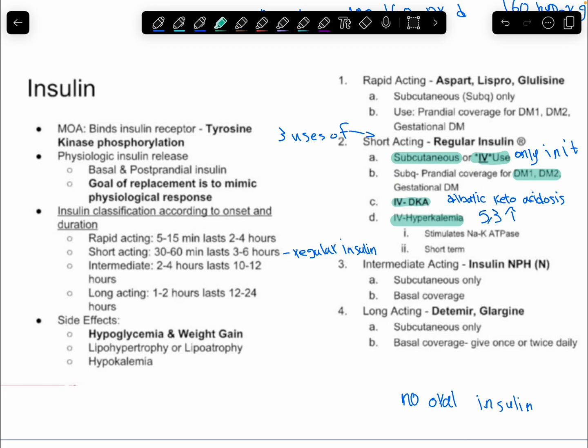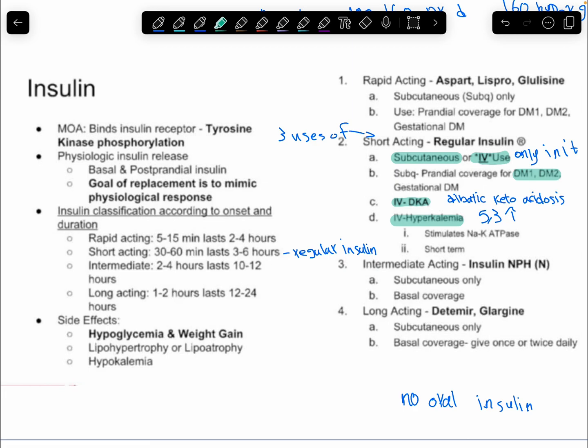Zinc, protamine and zinc are added to increase the duration of action, and for this reason they are called long acting. It takes 2 to 4 hours. They are intermediate acting, and it takes 2 to 4 hours. But again, subcutaneous only.